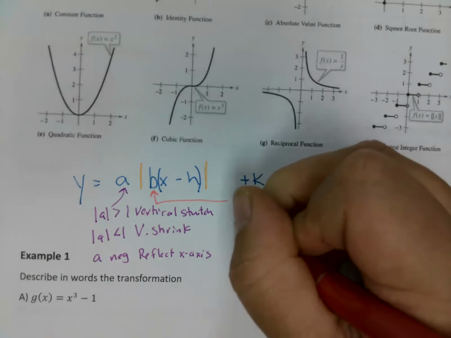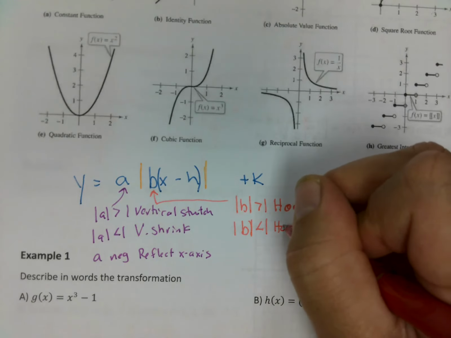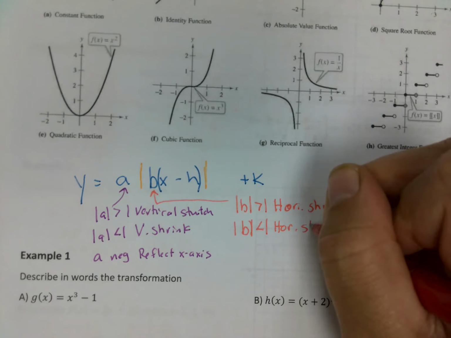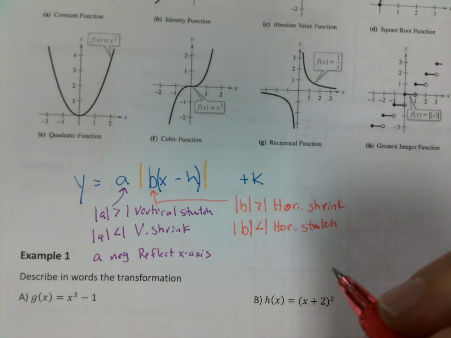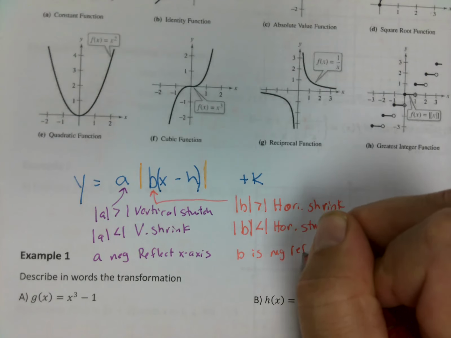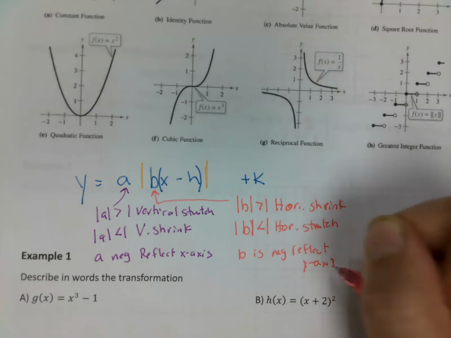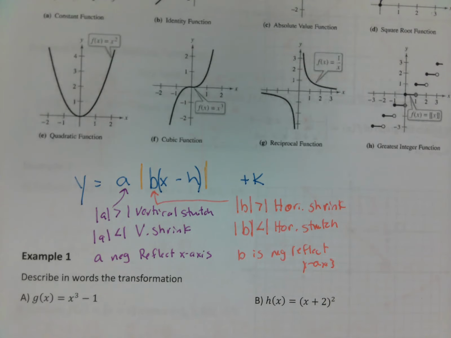If the absolute value of B is less than 1, it's going to be a horizontal stretch. And if B is negative, it's going to be a reflection over the y-axis. That's our A and our B.